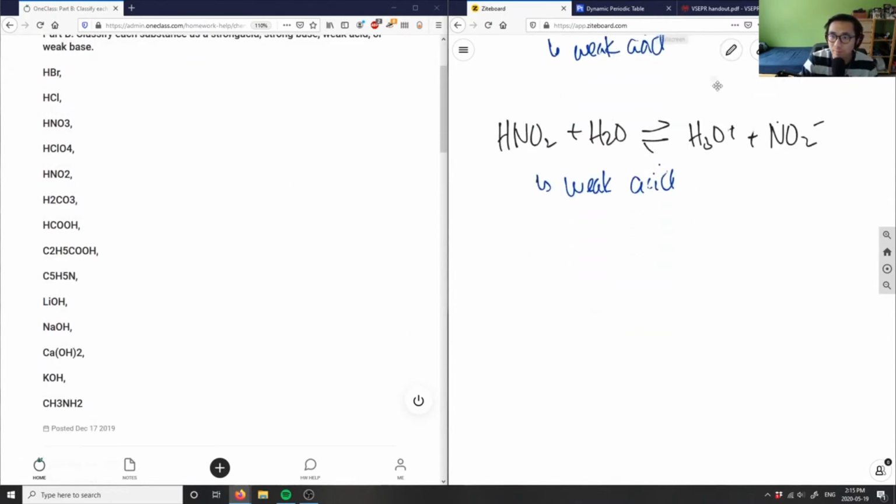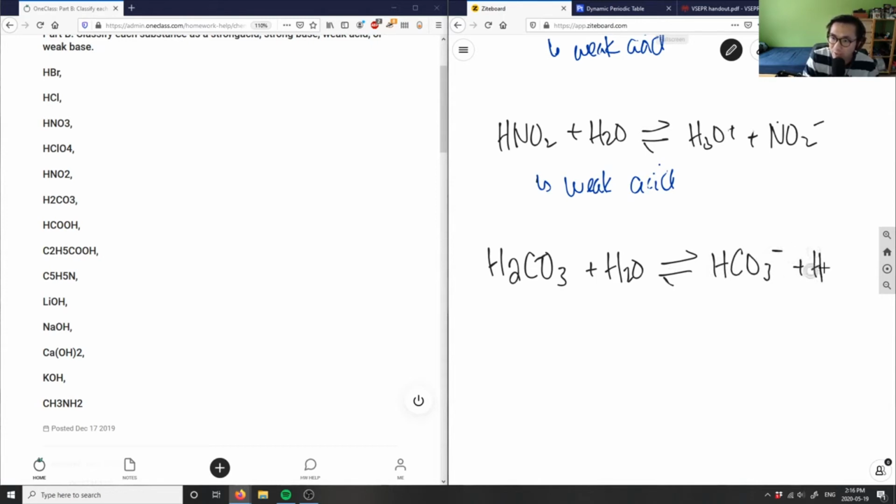H2CO3 is my next one. Again, the concept here is that I'm just writing out the equilibrium reaction and seeing whether or not it dissociates fully. So I have H2CO3, and I add H2O to it. It should be in equilibrium, and I remove a hydrogen, so I have HCO3 minus plus H3O plus.